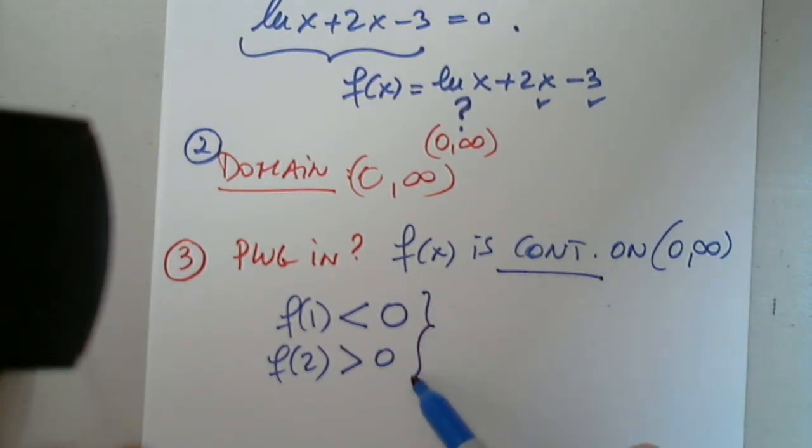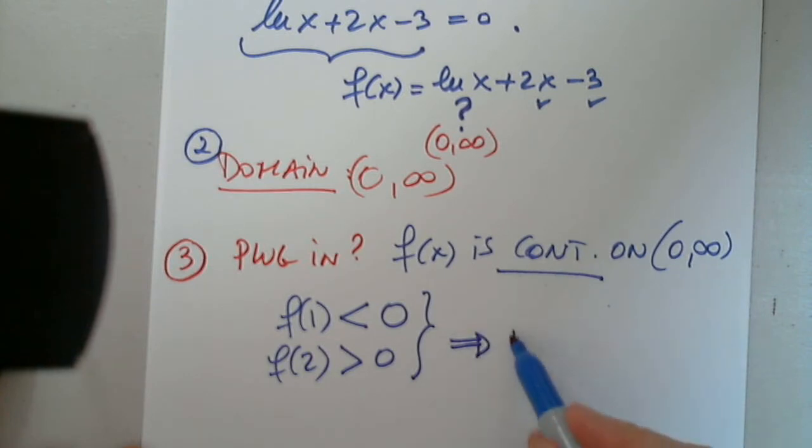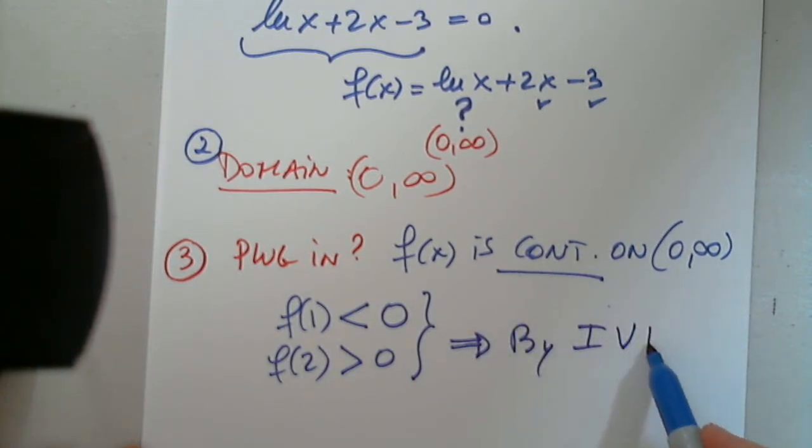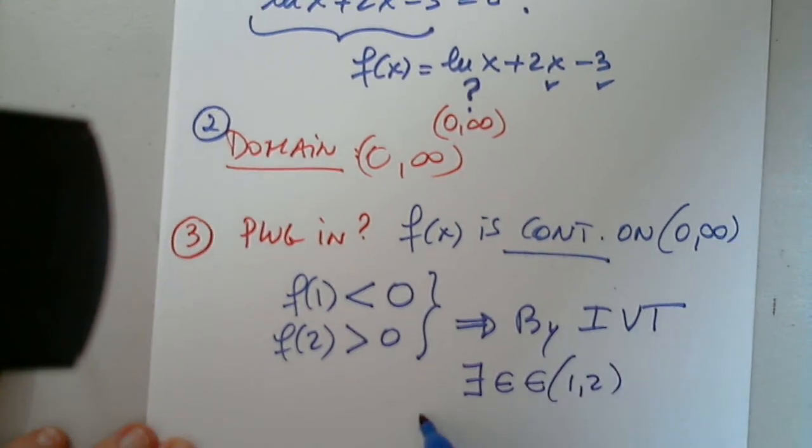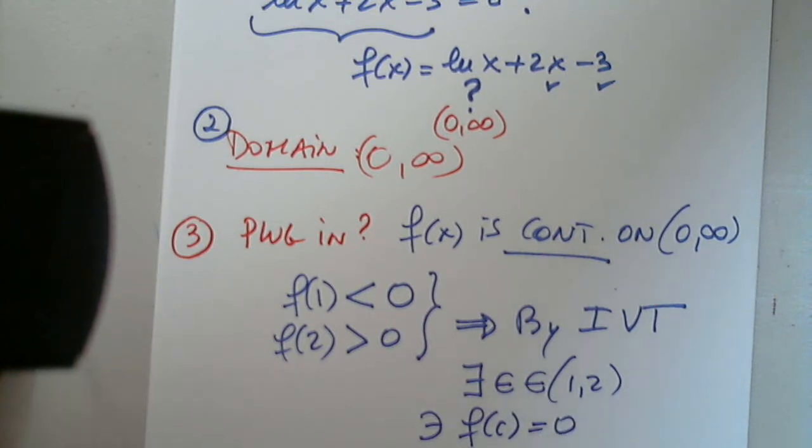Continuous and changes sign. Then by IVT, there must exist a C in the open interval 1, 2 such that f of C is 0.